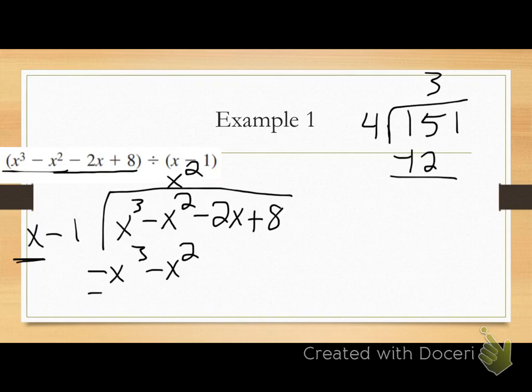I'm going to do the same thing down here. Now we are subtracting the whole polynomial. Do you see how it's matching up to what I've been doing with our long division? So 15 minus 12 would give me 3. Okay. Remember, I'm subtracting this whole binomial. So I have negative x squared minus negative x squared. So it's like negative x squared plus x squared.